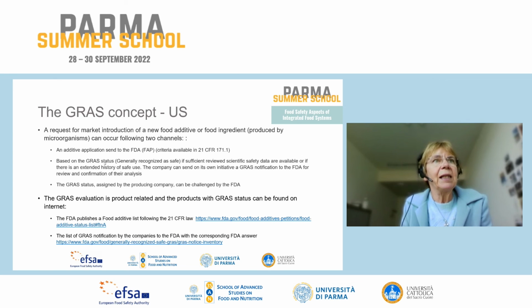In this case, the company is introducing this status for the particular product they want to introduce. And then the FDA can evaluate this status and of course can also challenge it.